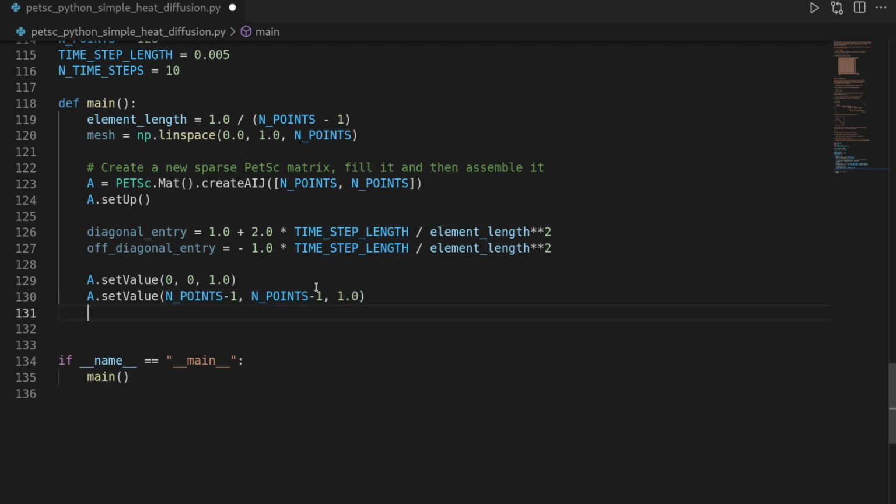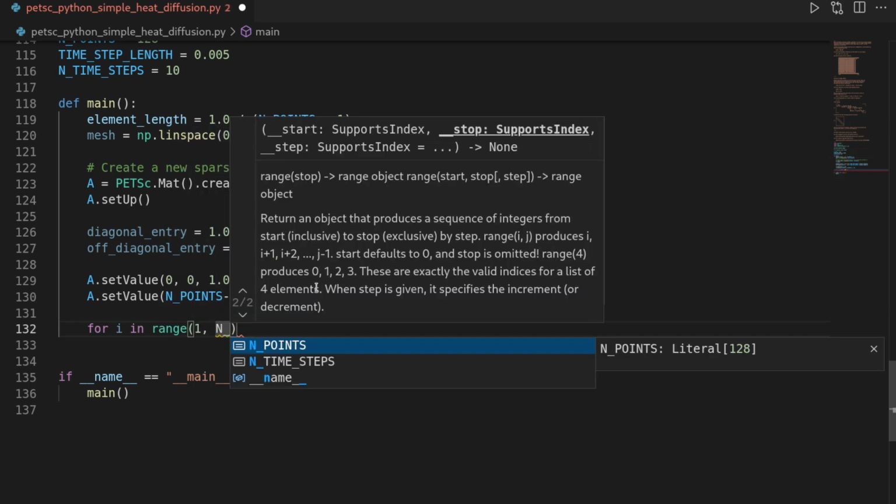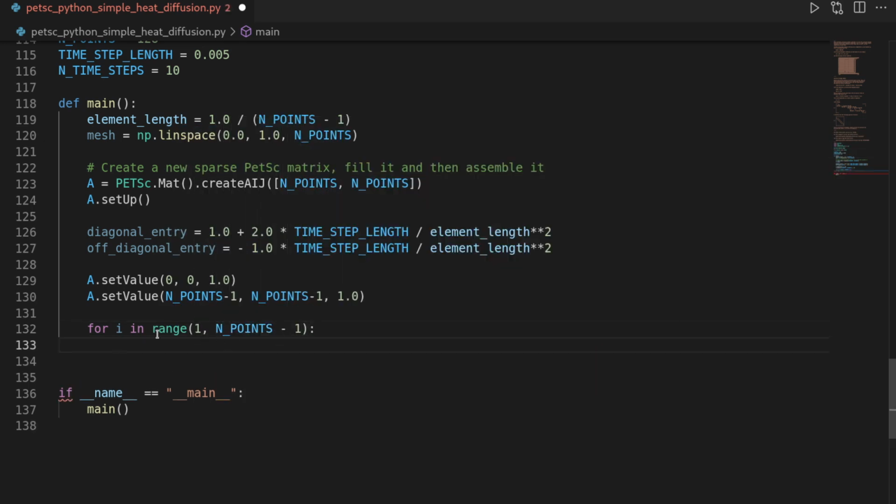Okay, then let's, for simplicity, just use a loop in order to fill up the tri-diagonal parts by saying for i in range of 1 to endpoints -1. And here remind yourself that the range command similarly also excludes the last element. So imagine endpoints would be 5, then we have the range from 1 to 4. This would then be the elements 1 to 3 and not 4, so that we don't overwrite the very last point.